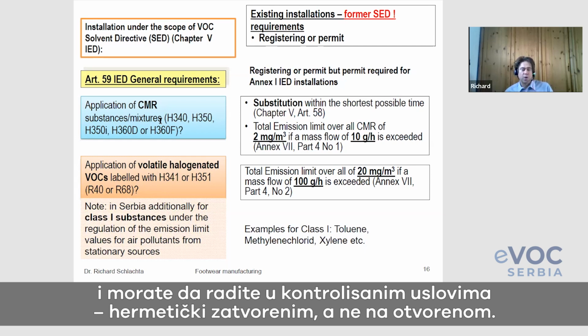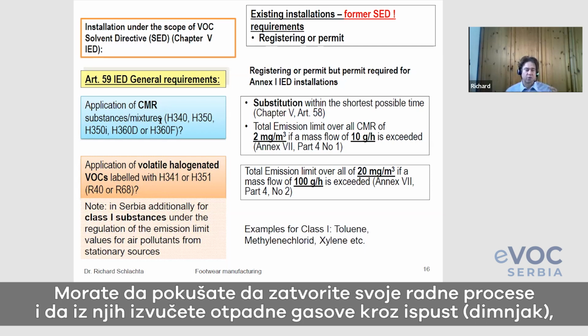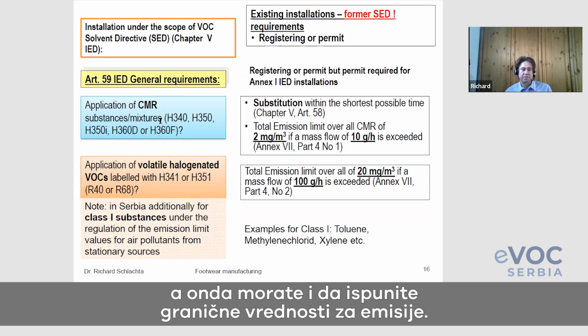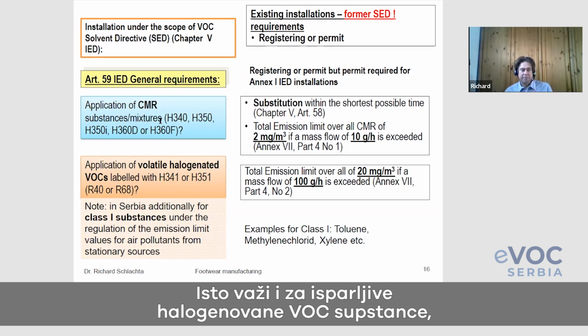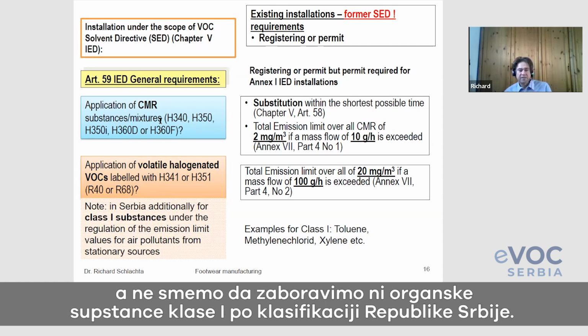And you have to work in a contained way, so not in an open way. You must try to contain your operations, and you have to extract the waste gas, and in the stack you then have to comply with the emission limit values. It is similar with the volatile halogenated VOCs, and we may not forget the class 1 substances.